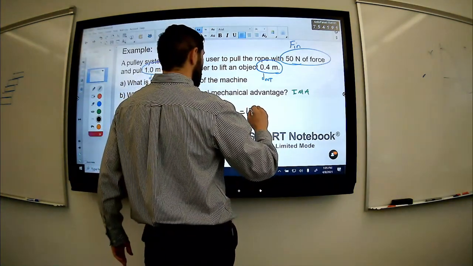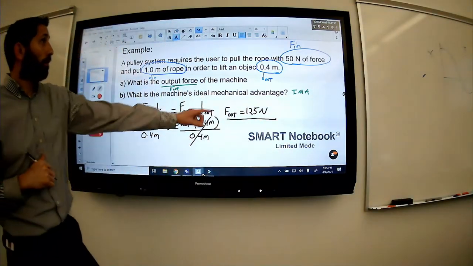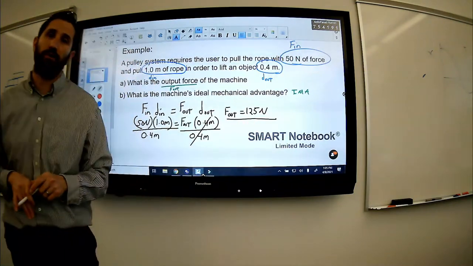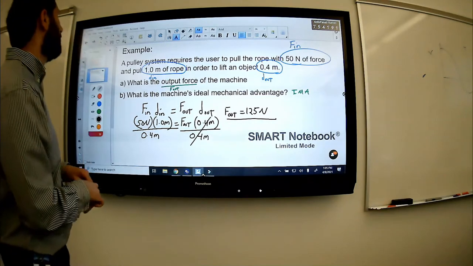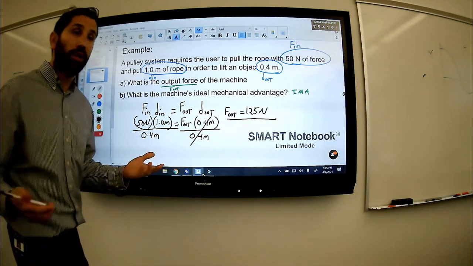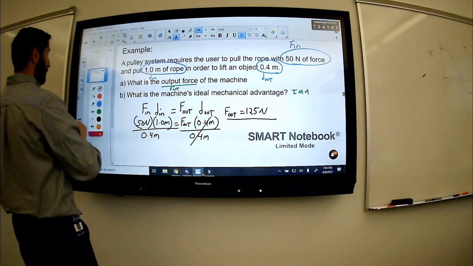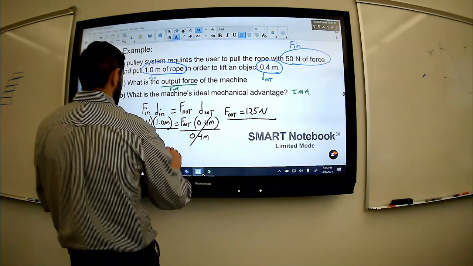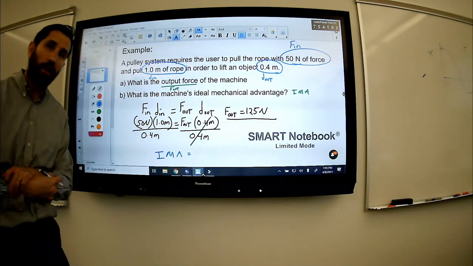So the user only has to exert 50 newtons of force, and they get 125 newtons out. So it's giving us a mechanical advantage. All right, and part B actually asks us, what is the ideal mechanical advantage? So when we do that, the ideal mechanical advantage is going to be distance in divided by distance out.